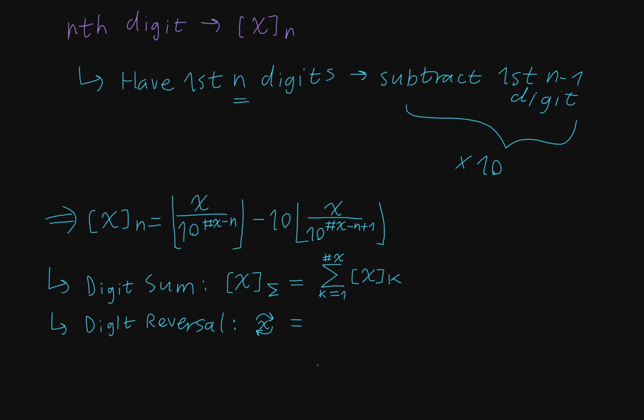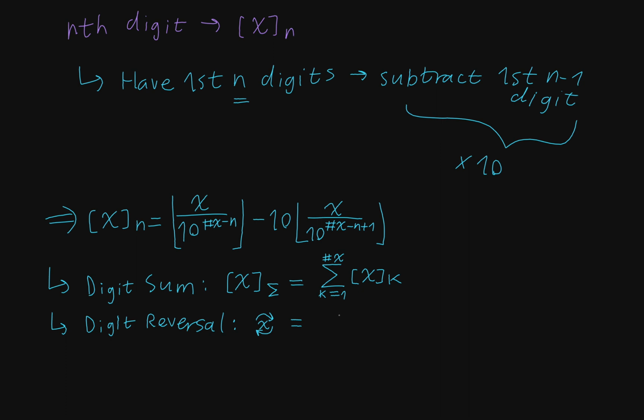So what we can basically just do is start with the first digit, go to the last digit, but instead of multiplying with the highest power of 10, we're going to start with the lowest power. So we start from 1, then 10, then 100, and so on.